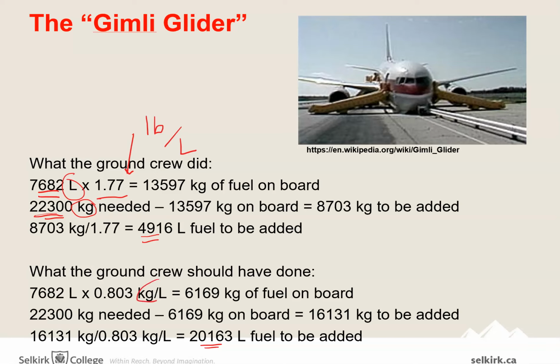But it should have been kilograms per liter. And what is often true, that when you change the unit, you change the numerical value as well. So all's well that ended well with the Gimli glider, but you are always going to show units clearly with your conversion factors to help your reader follow your logic and to keep you safe.